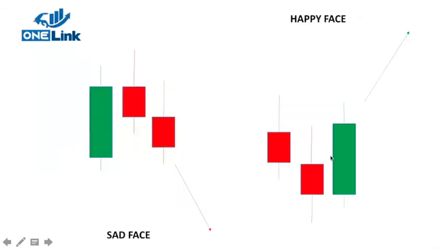Okay, there is another thing you can use, the happy face. I did explain it to you. This is just finding a confirmation. This is just a basic. Then you can use that in your five minutes chart, if you have this kind of confirmation. And this is a sad face and a happy face formation.